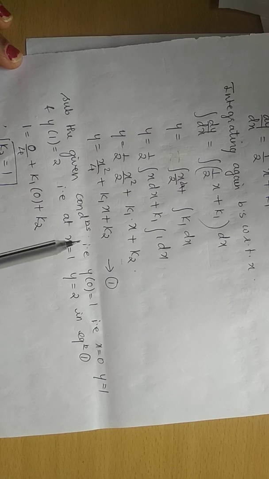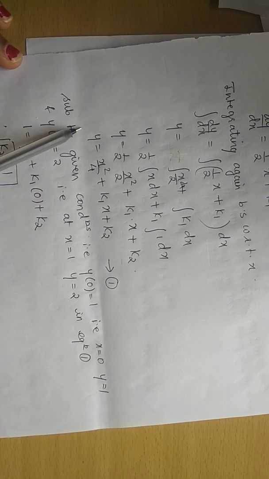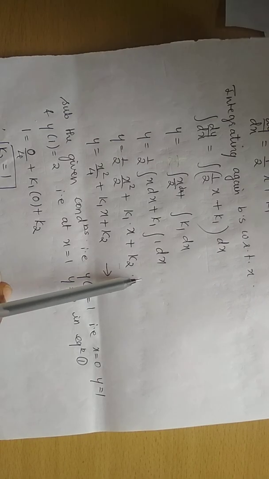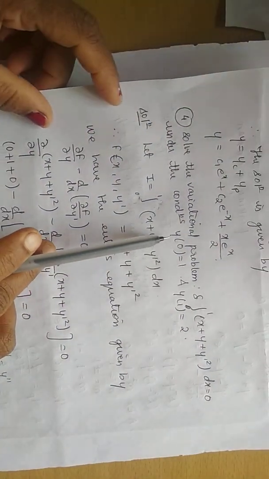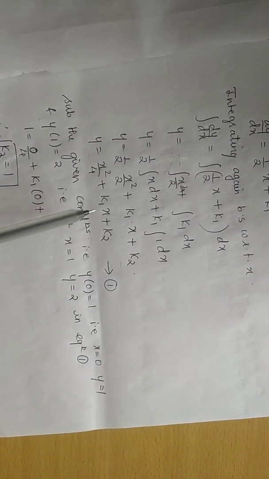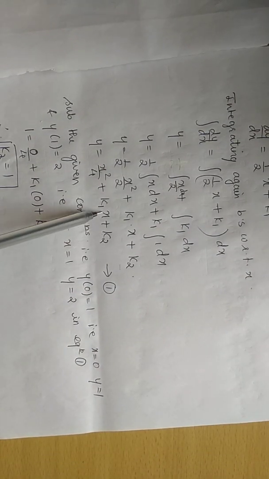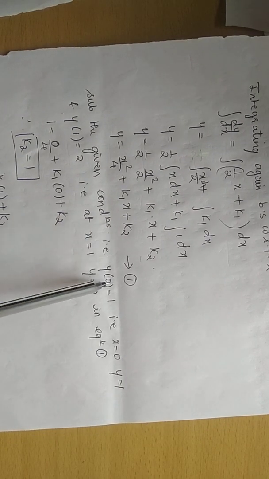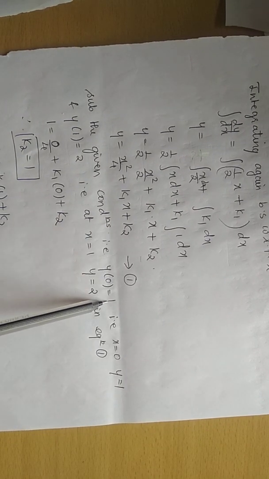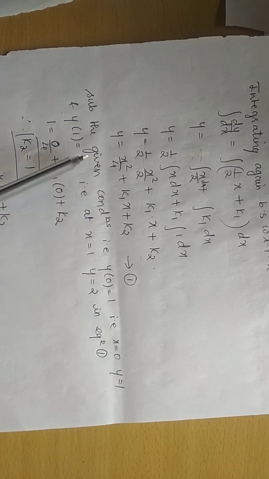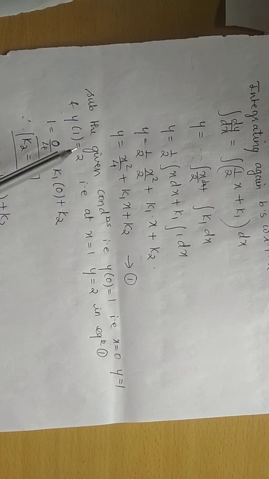Why am I writing it as equation 1? This is the final answer, but in the question they have given some extra thing here. What is that? They have given 2 conditions. These conditions are going to help us find the k1 and k2 values. We have been given y of 0 equals 1, which means x is 0 and y is 1, and y of 1 equals 2, which means x is 1 and y is 2.